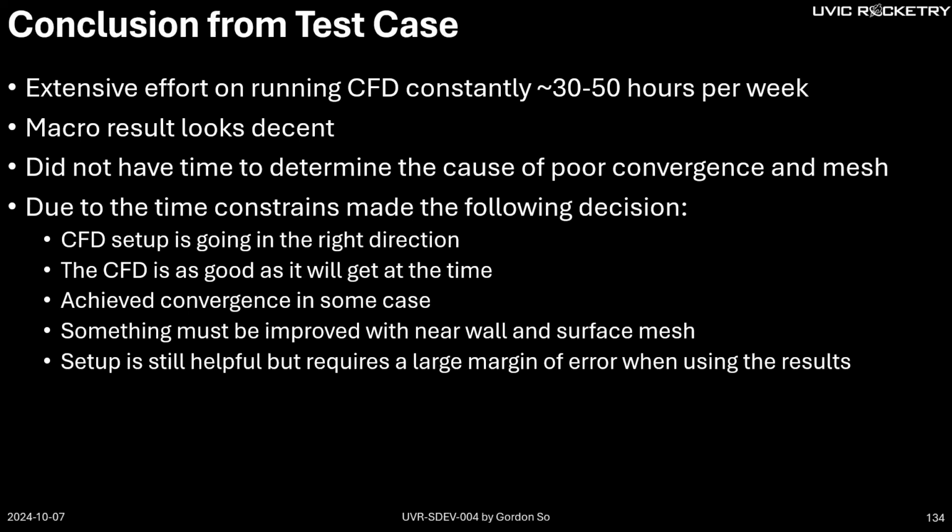The setup is still useful because result-wise, we get something in the ballpark. But if we want to use that result, we need to acknowledge that we need a really large margin of error, because we don't know what is causing it, or the actual accuracy.